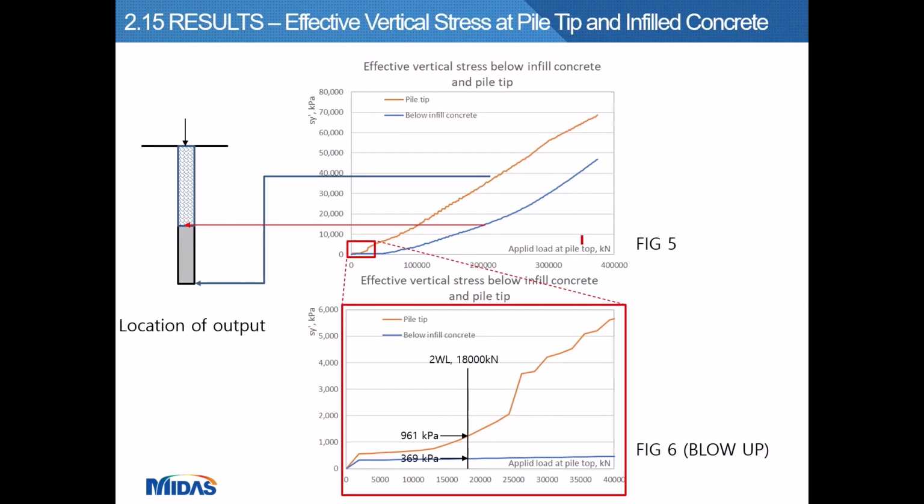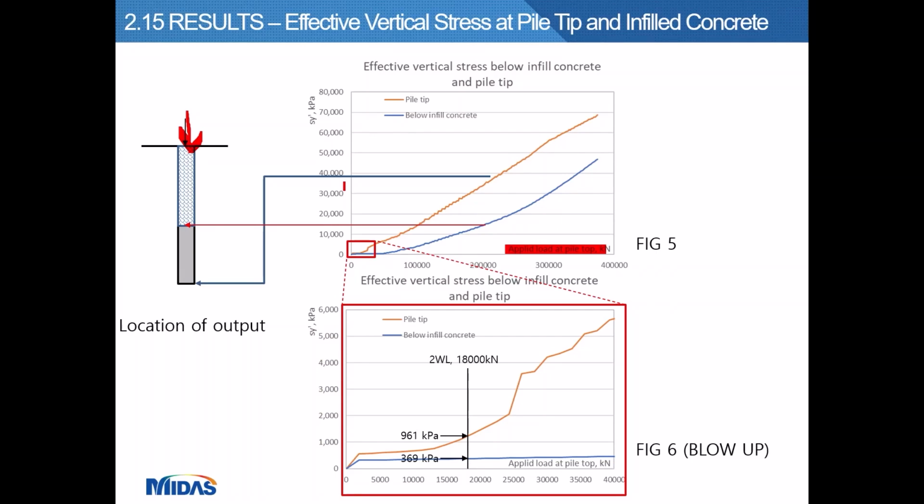And now we look at the developed vertical stress at the pile tip and below the concrete infill surface, plotted against the applied load at the pile top. Figure 6 is just the blow up of figure 5 for the lower range of the applied loads.